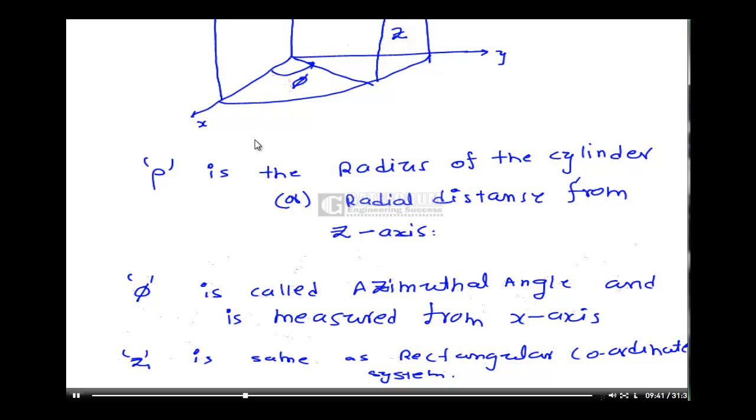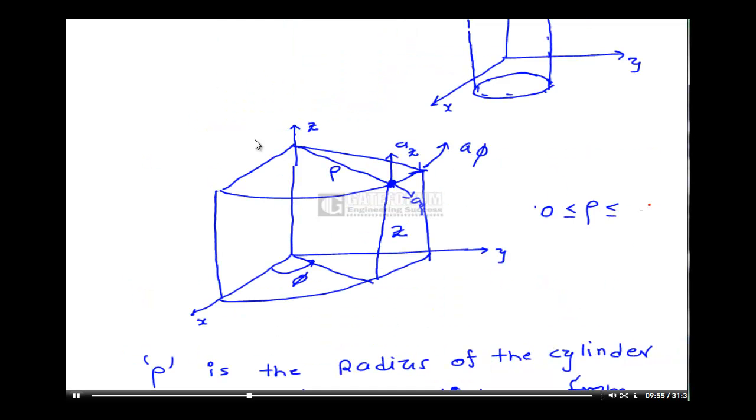If you come to the range of values, rho is the radius, so the radius starts from 0. The minimum value is 0, so 0 ≤ rho ≤ infinity. Now the angle: since we are assuming circular cylindrical, what is the total angle present? 360 degrees.